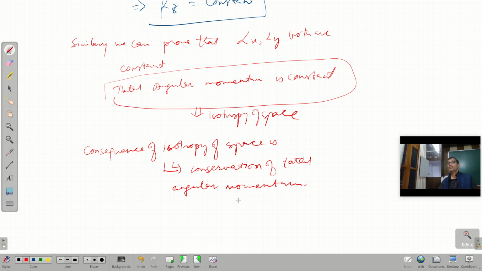In other words, we can say that the conservation of total angular momentum is a consequence of isotropy of space, or that isotropy of space leads to the conservation of angular momentum, or the total angular momentum of the system remains conserved.